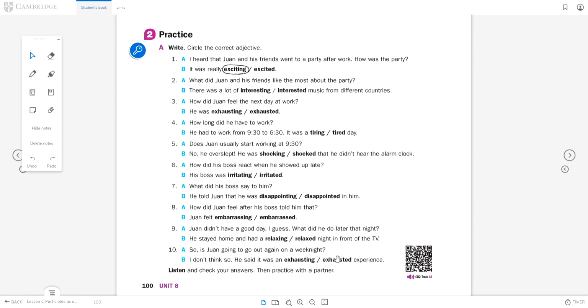Remember that we are talking about participles. Participles are words that look like verbs. They end with ed or ing. That's it. They look like verbs, but they actually don't function like verbs.